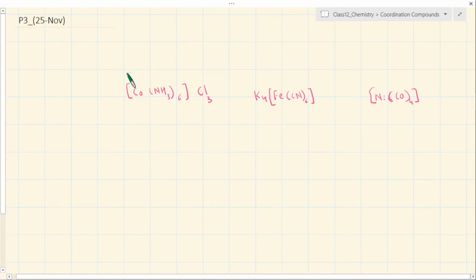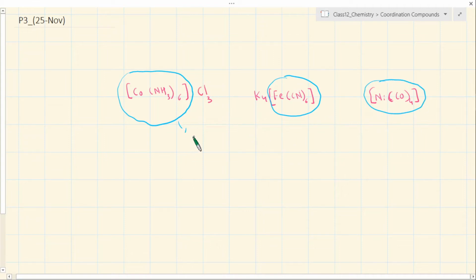In all of them, whatever is represented inside the bracket is referred to as the coordination entity or coordination sphere. Both are the same.